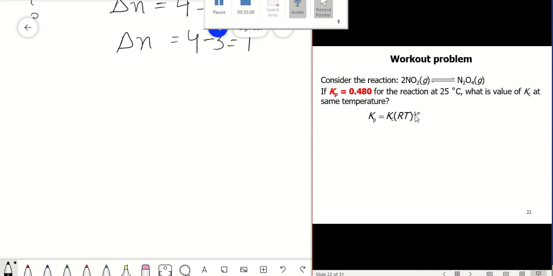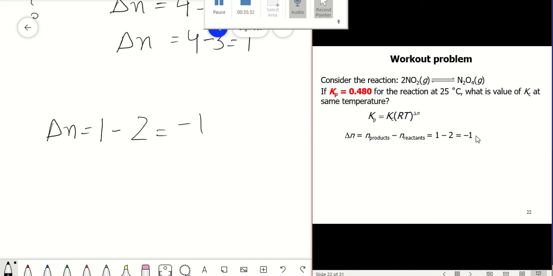So first thing we'll do is figure out what is delta N. Delta N in this case, for the second reaction, is going to be moles of product, which is 1, minus moles of reactants, which is 2. So delta N is actually going to be -1, right? Now we just plug in all the values right here.